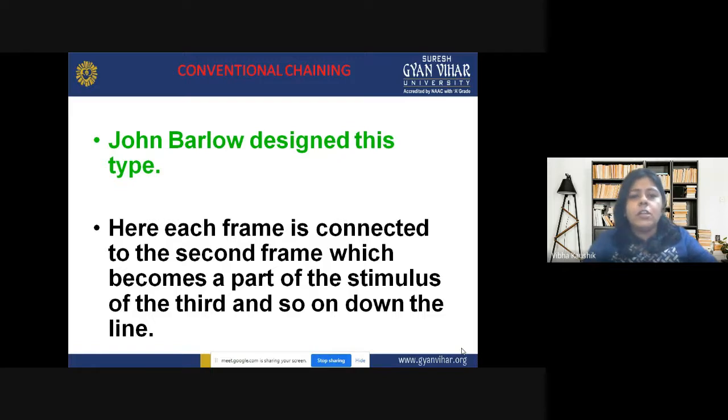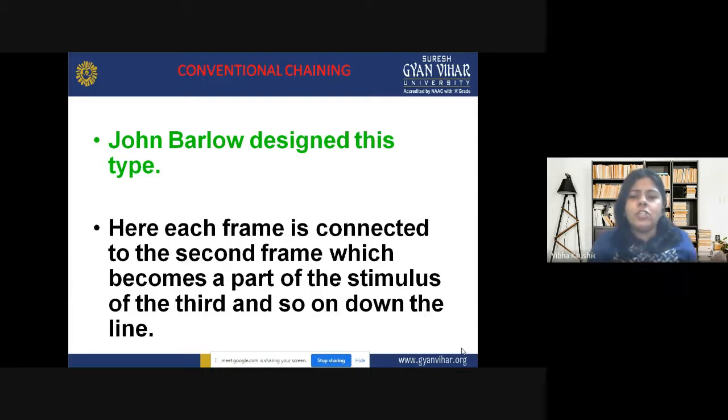Conventional chaining. John Barlow designed this type. Means this design, the conventional chaining, was given by John Barlow. Here, each frame is connected to the second frame. Means there is a connection between the first frame and the second frame.